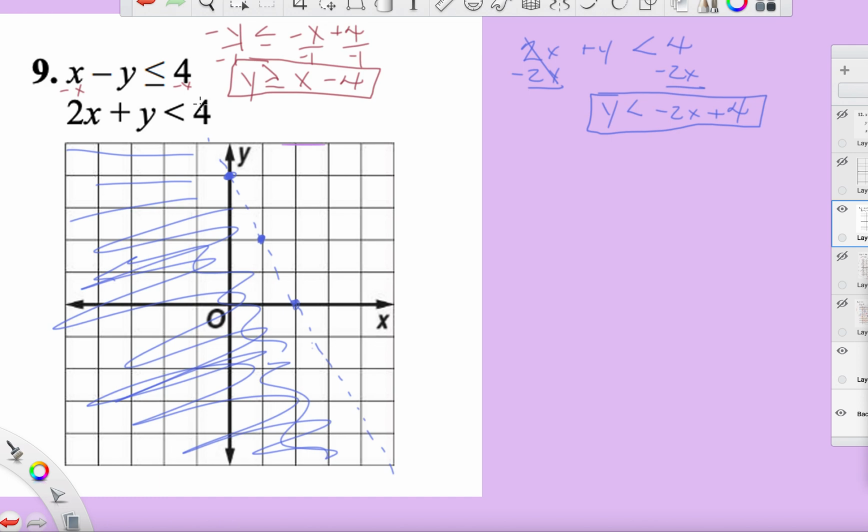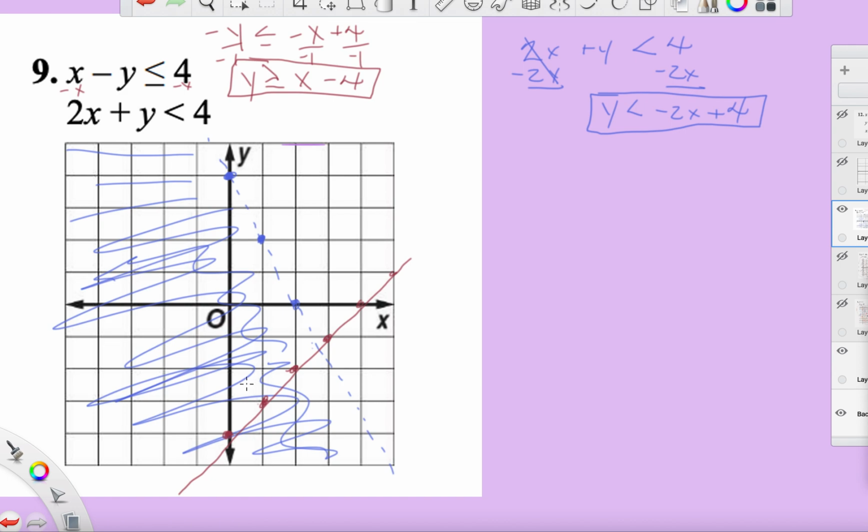Now, I'm going to take a look at that first one, and I'm going to make my solid line, but it starts at -4, and it's got a slope of 1, so this is super simple. I'm just going to do my best to draw a straight line.